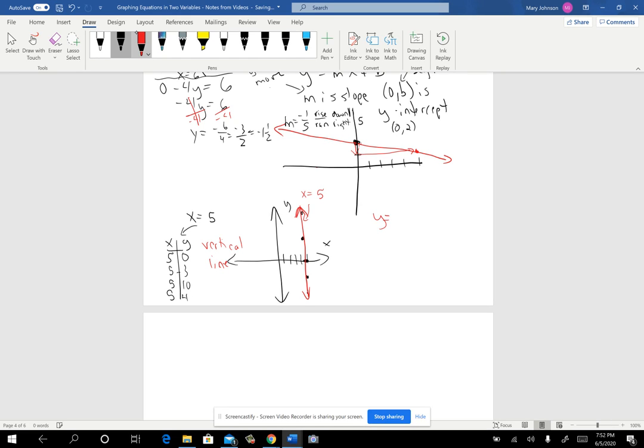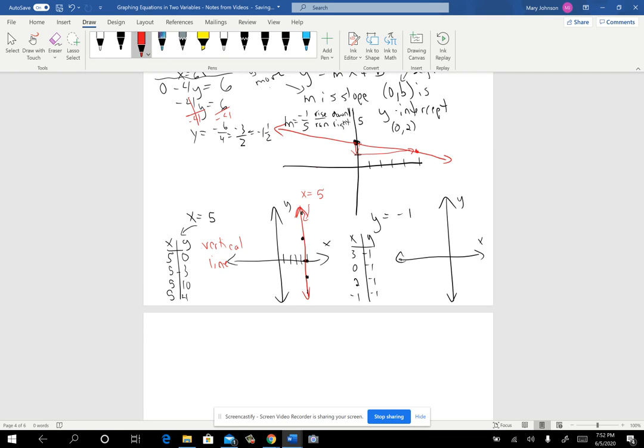If you had y equals -1, same thought process. Let's see what we get. So y is always -1 no matter what. x could be 3, it could be 0, it could be 2, it could be -1, but the y is always -1.